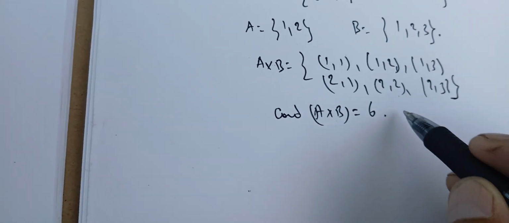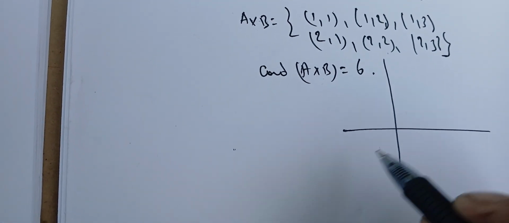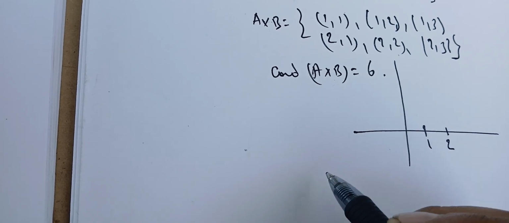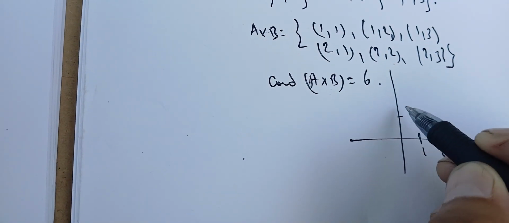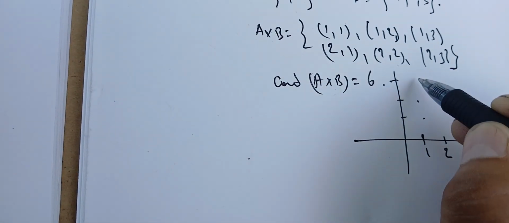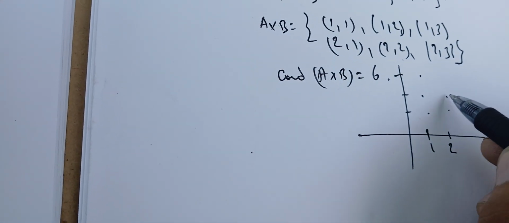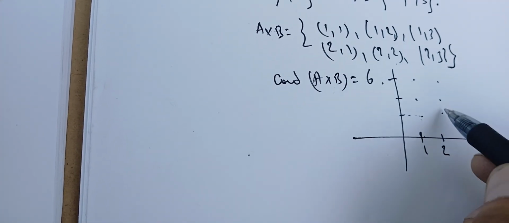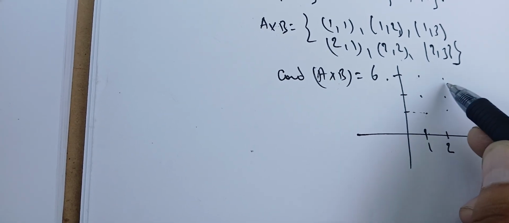We can do this one even graphically. Our set A is going to be on the x-axis, 1, 2, it has 2 elements, and the other set has 3 elements. So we can represent these elements by dots. Here this is (1,1), this is (1,2), this is (1,3), this is (2,1), (2,2), (2,3).